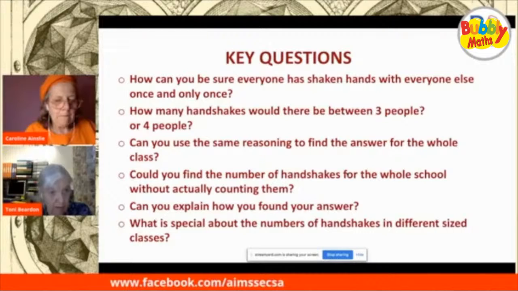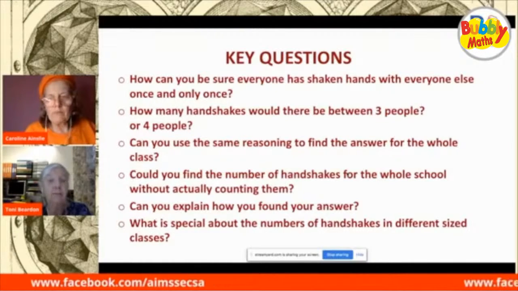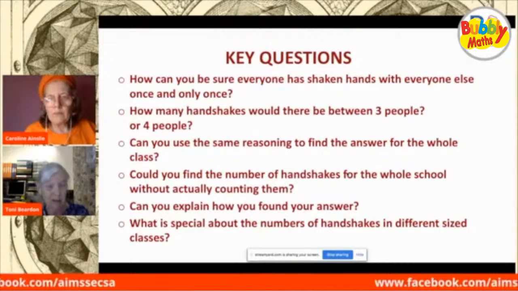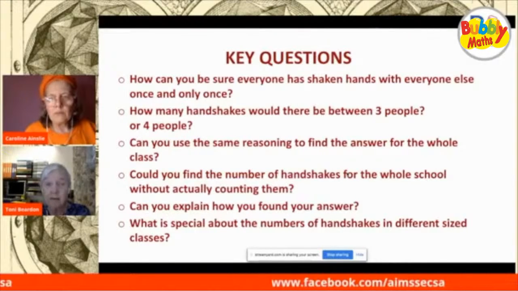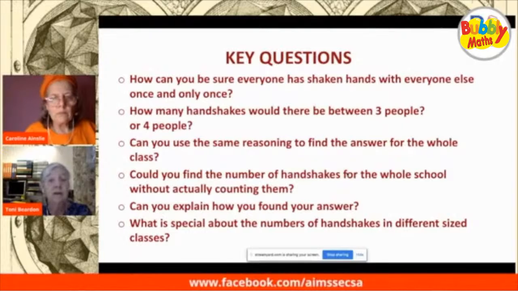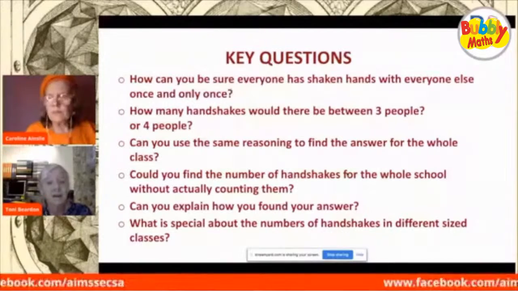We're saying, okay, well, we've done it for this class or 20 people. Now, could we do it for the whole school? And again, it's a general principle, although we're using handshakes as an example. The general principle is, now we're going to generalize. Now we're going to see if we can find a general answer that works for any number at all.